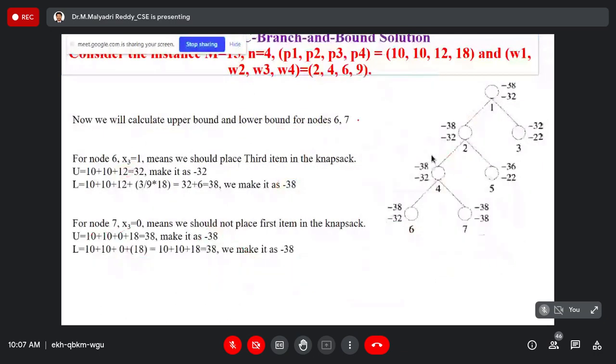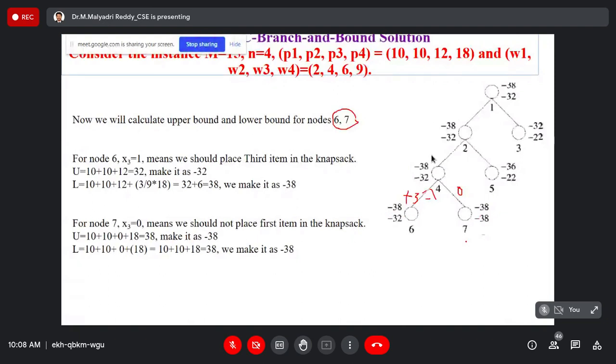Again we have to calculate the boundary functions for 6, 7, by including x3 equal to 1, and x3 equal to 0. So by calculating that I will get some values, for the nodes minus 38, minus 38.